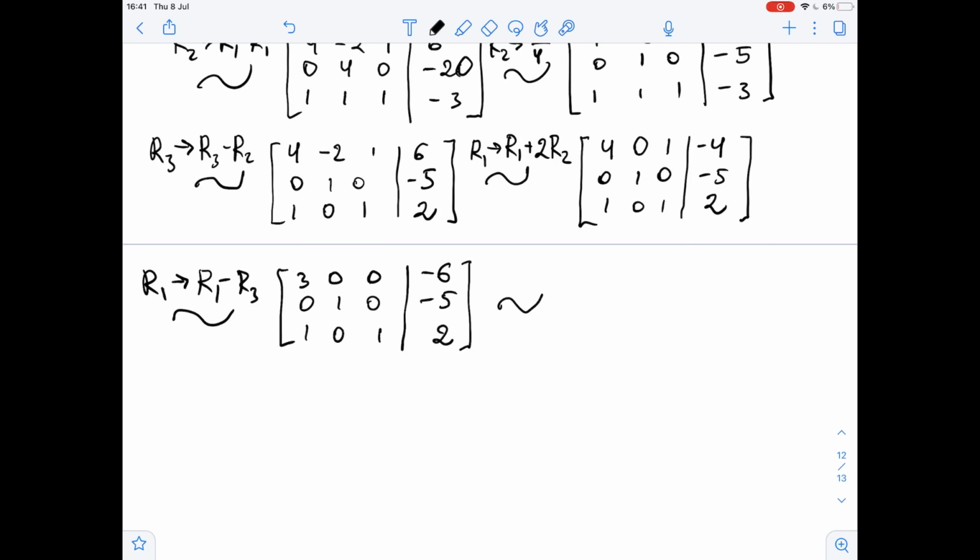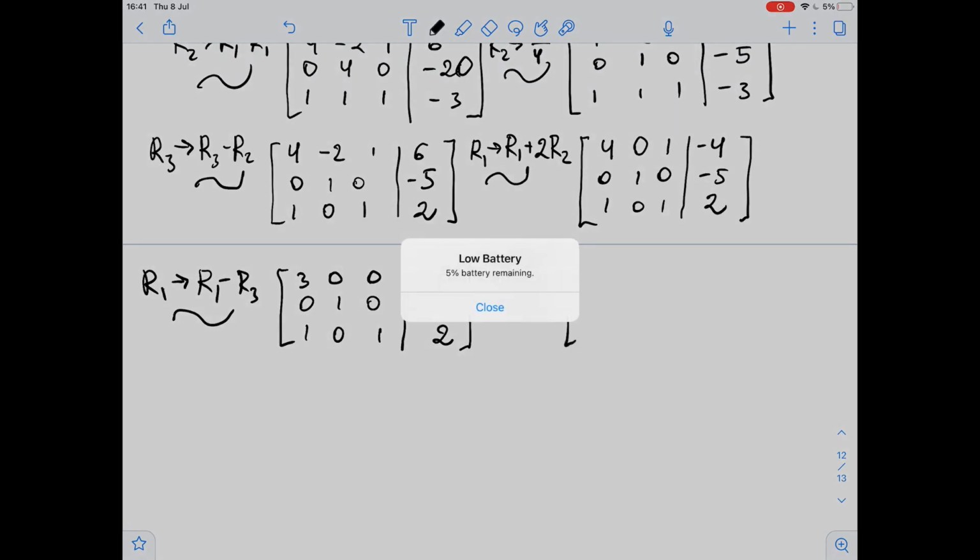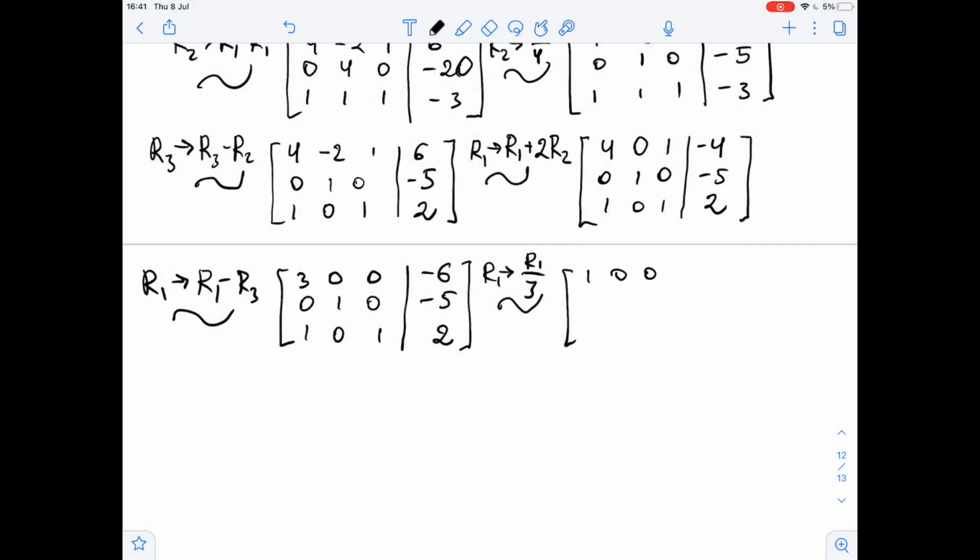Then we divide our first row by 3. So row 1 becomes row 1 over 3, and here we get 1, 0, 0, negative 2.